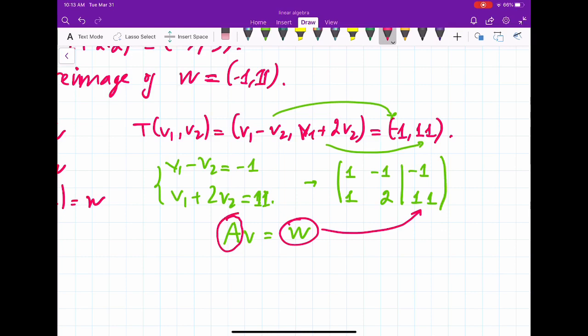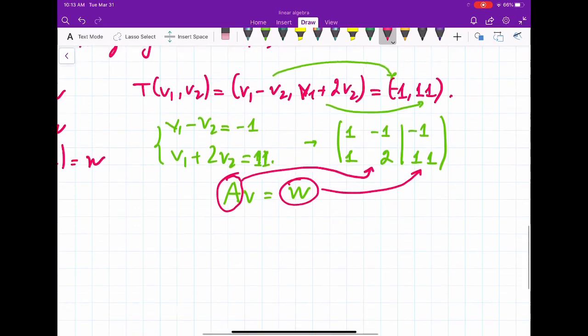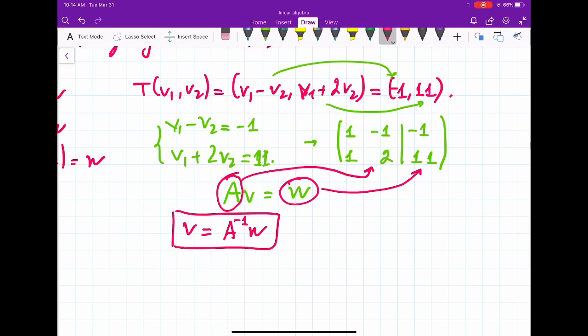A is the matrix 1, negative 1, 1, 2, and V is V1, V2. So solving this, that means you solve for V, and suppose that the matrix is invertible. So you have the pre-image. So basically, you need to solve the system of linear equations. You see?